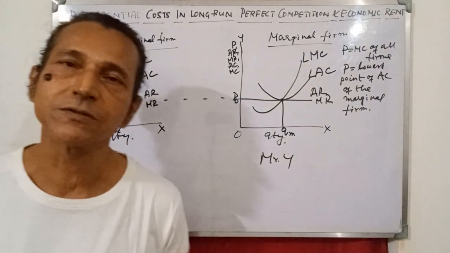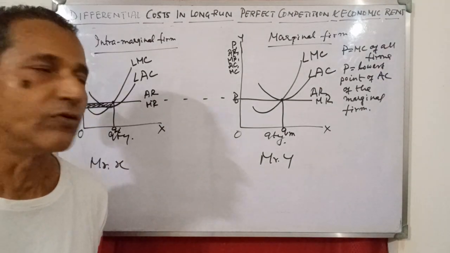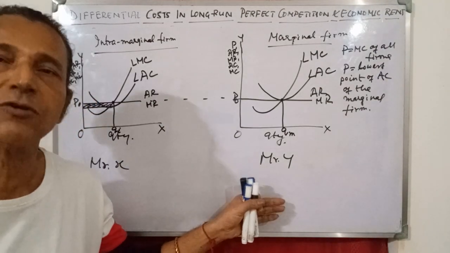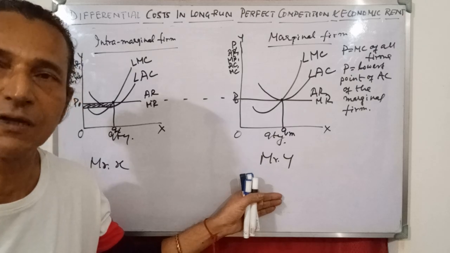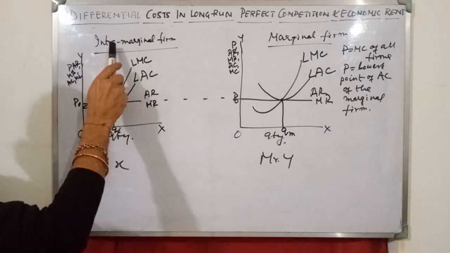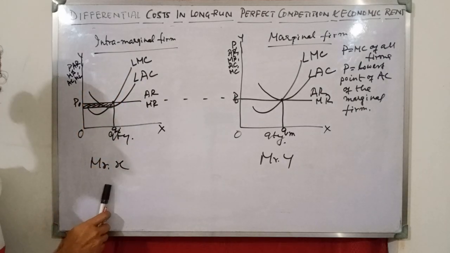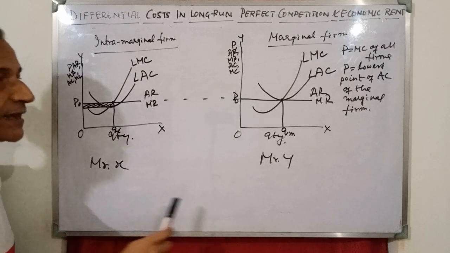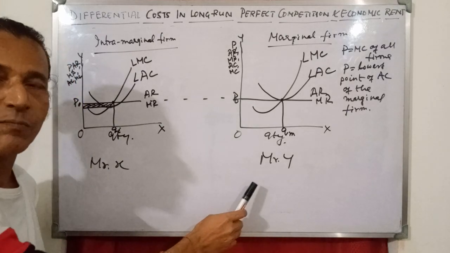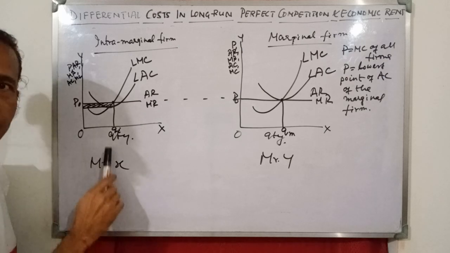So some other firms will offer Mr. X a salary which is, say, 11,000 or 12,000 higher than what Mr. Y is getting. If this happens, then the owner of this intramarginal firm will offer Mr. X a salary which is, say, 15,000 more than what Mr. Y is getting in order to keep Mr. X appointed in this firm.